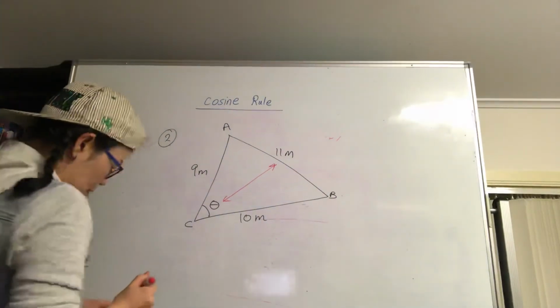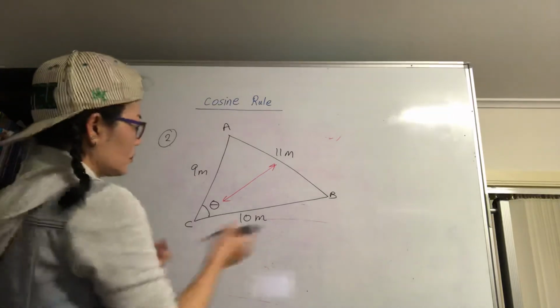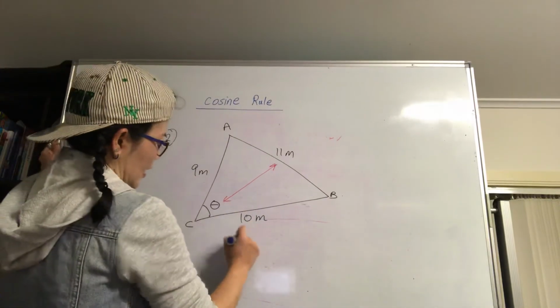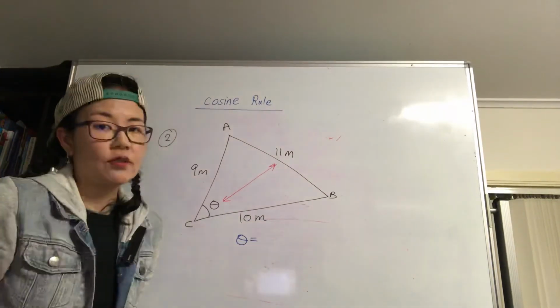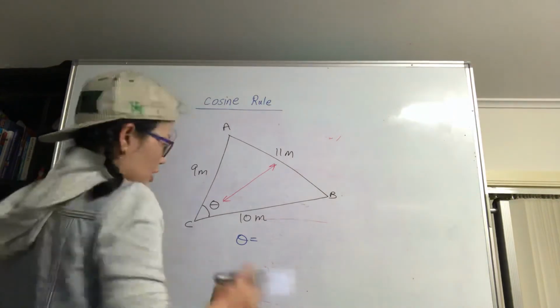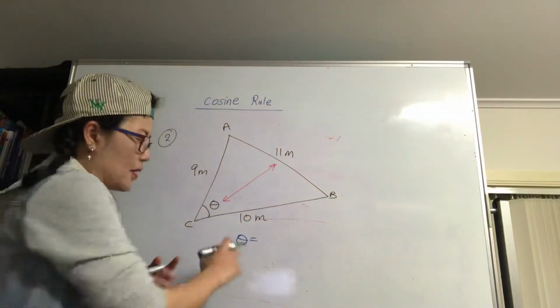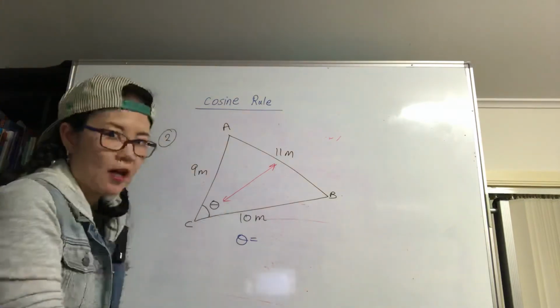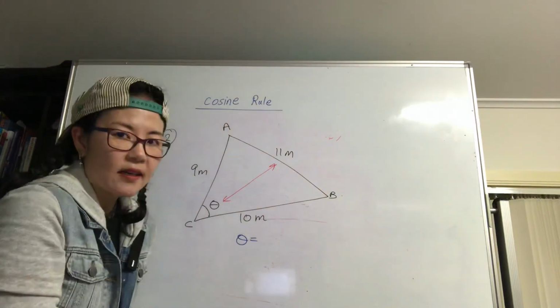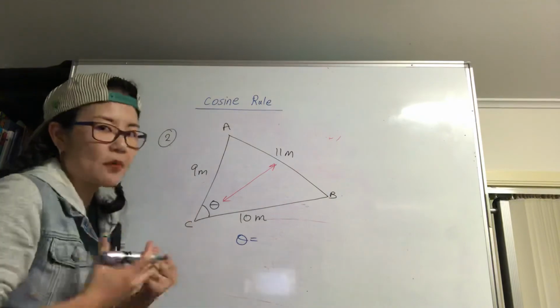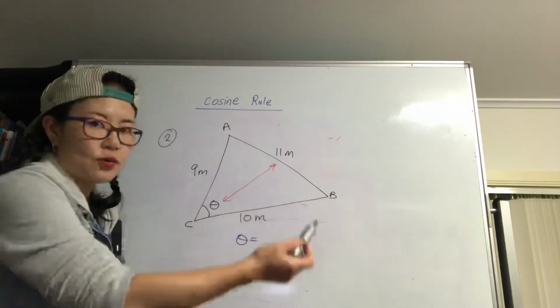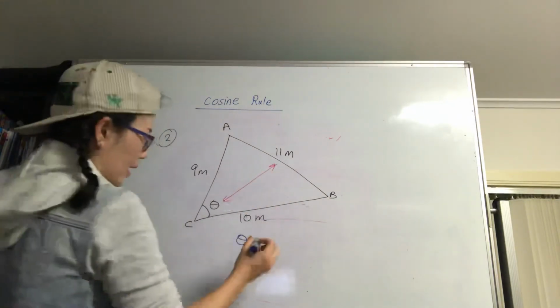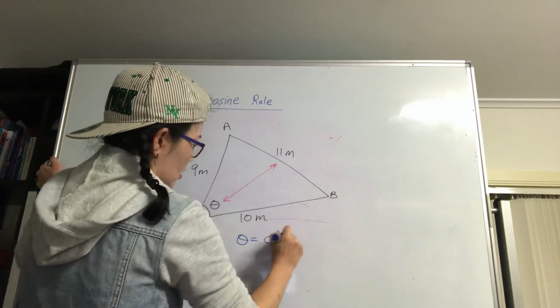So let's have a look at the cosine rule. I'm going to go theta equals, straight into the formula, guys. If you can remember theta equals, and A equals, instead of cos theta or A squared, it's a lot easier. So try to memorize what I've taught you before. It'll be cos inverse.